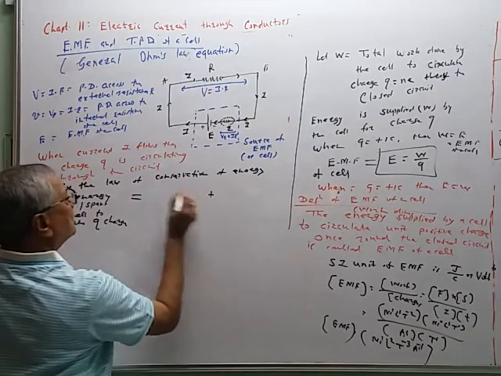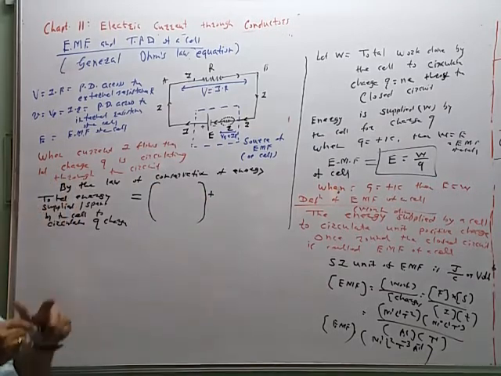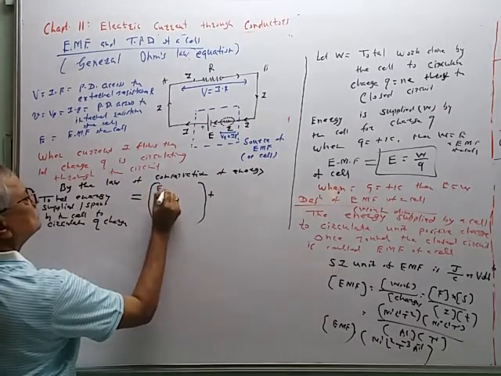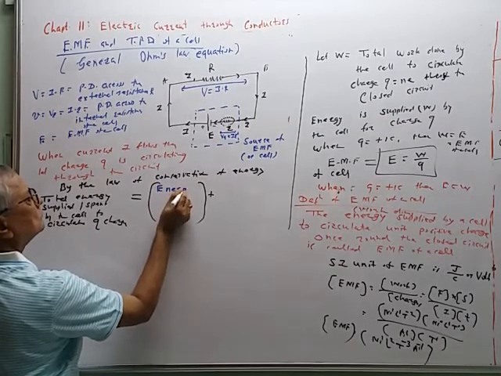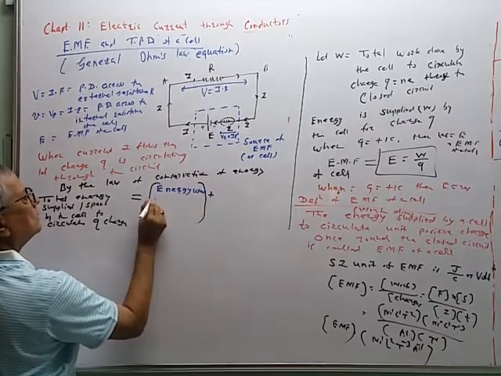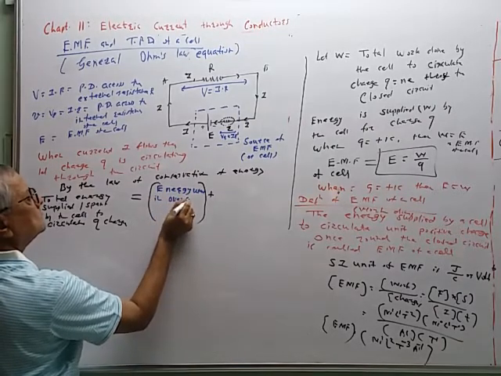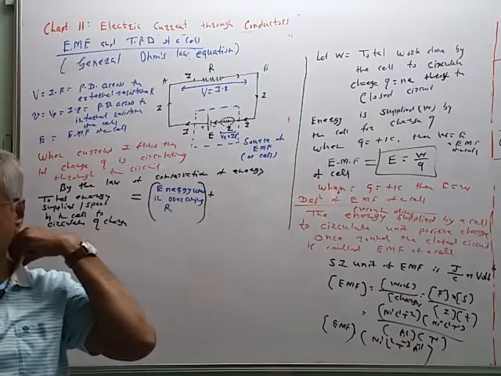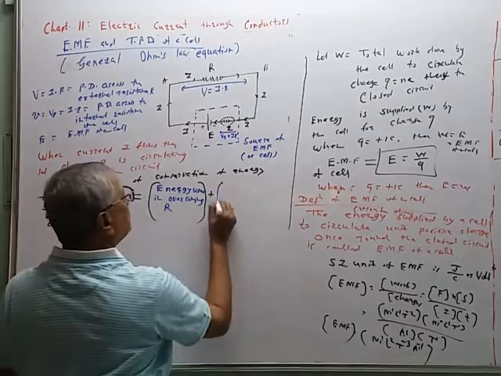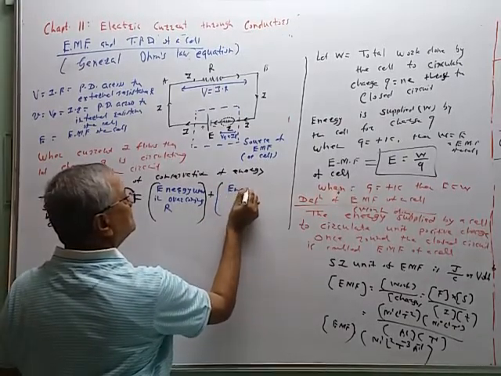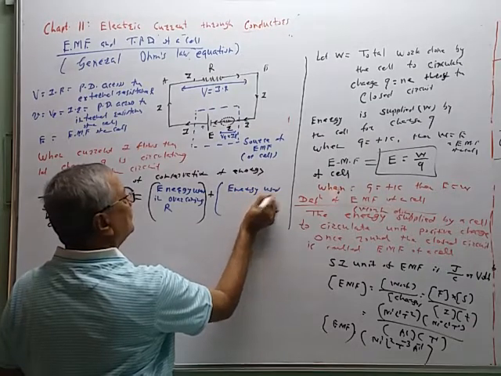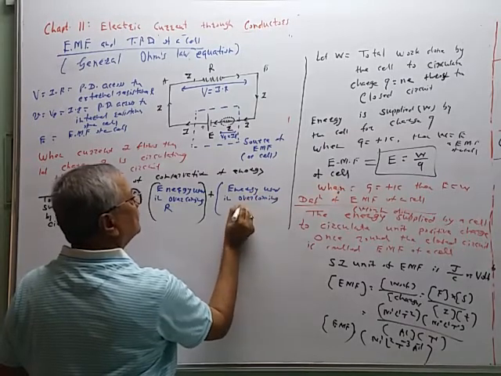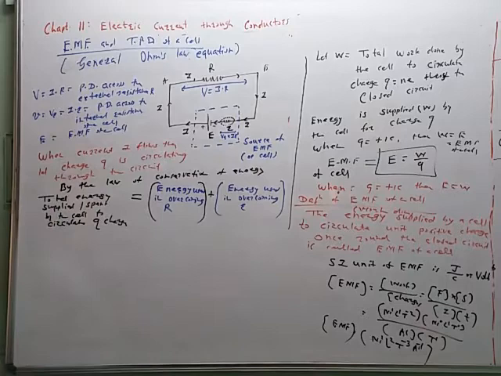So the first part is energy used in overcoming the external resistance R. And the second part is energy used in overcoming the internal resistance r.